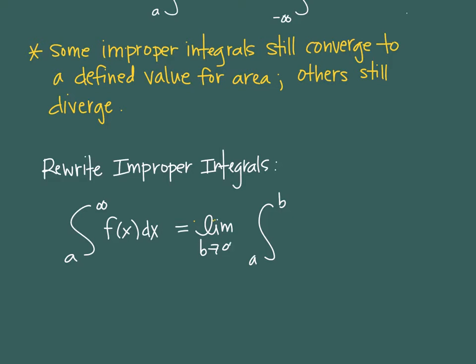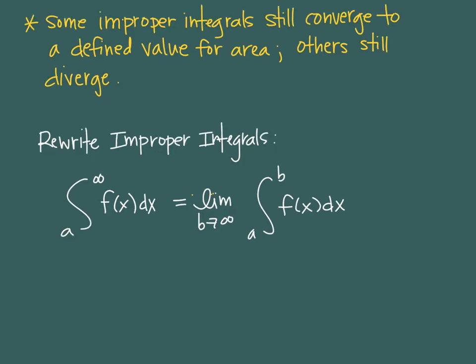It's not getting there, but it's approaching infinity. That's our way of getting around it. I'm not going to infinity, I'm just going close to infinity, of f of x dx. And then we evaluate the integral, and then we apply the limit to the value of the integral.